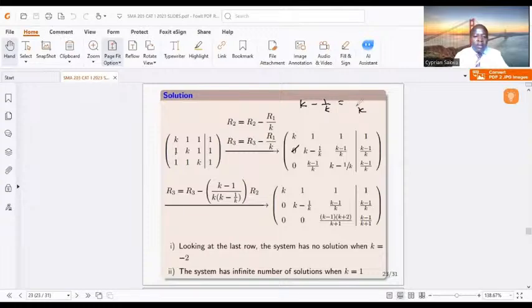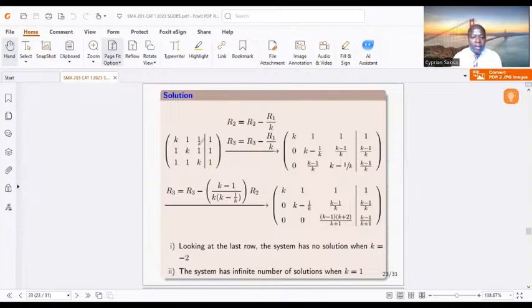The LCM is k, and this would be k squared minus 1. Or you can just leave it. In fact, I just left it this way, as 1 minus k. But you could still simplify it if you wanted.